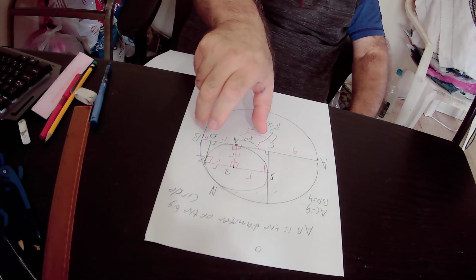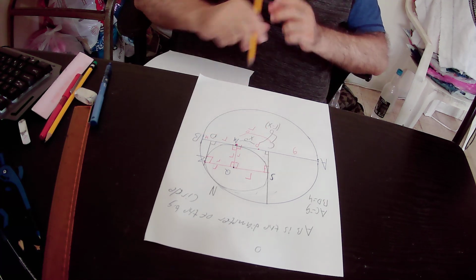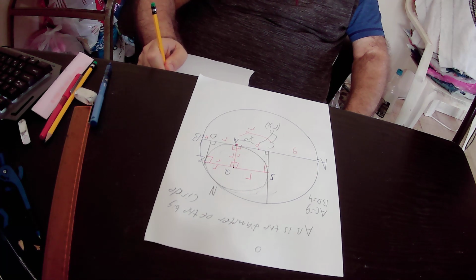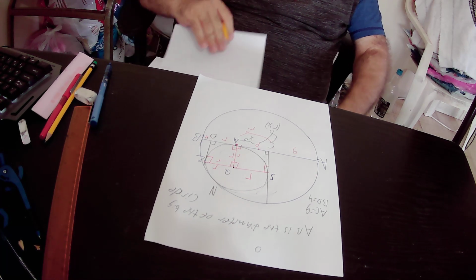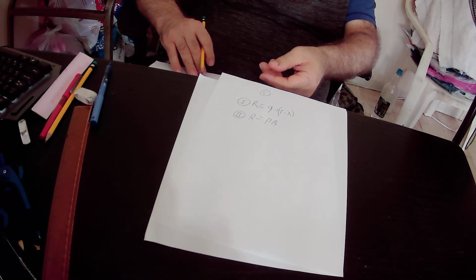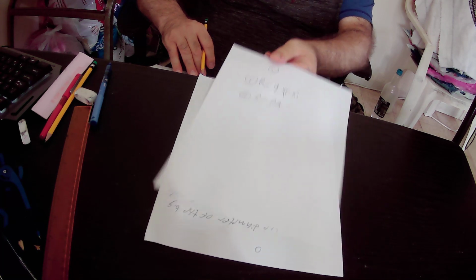PB is also the radius of the big circle, so capital R equals PB. So the second equation states that capital R equals PB, that is the radius of the big circle.